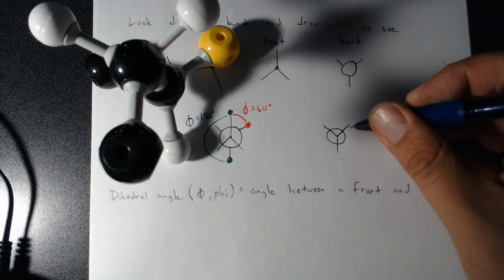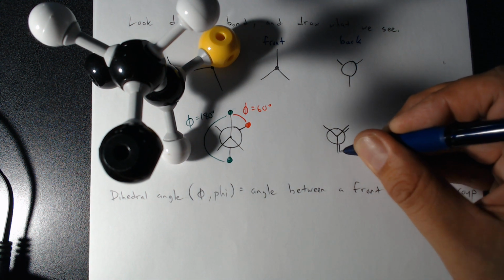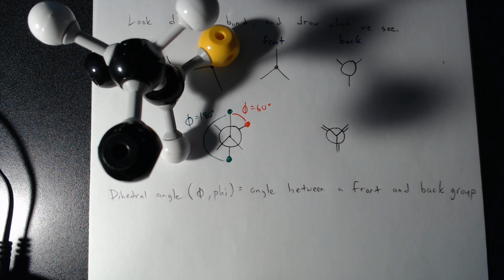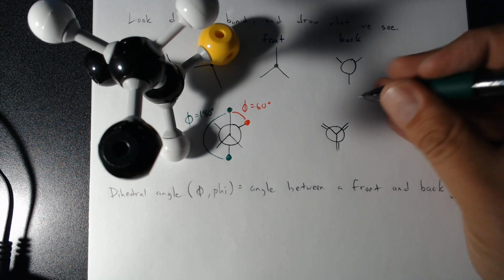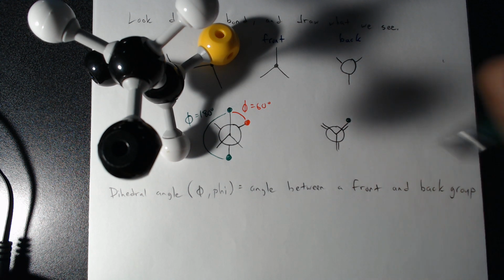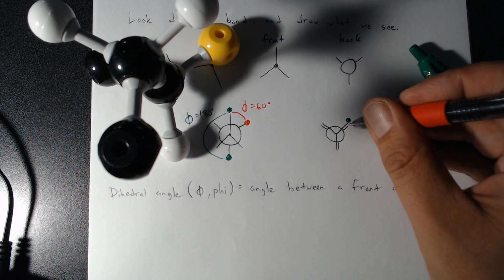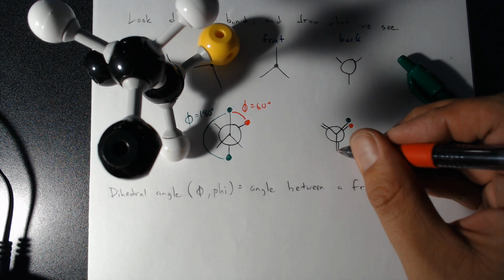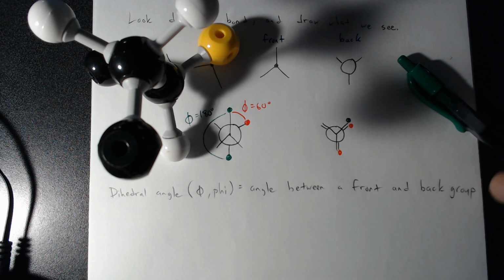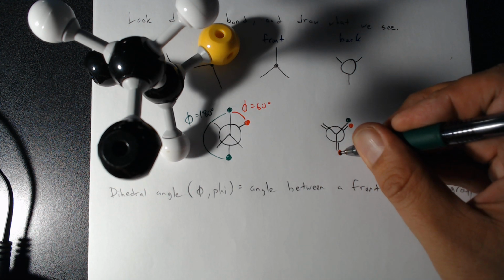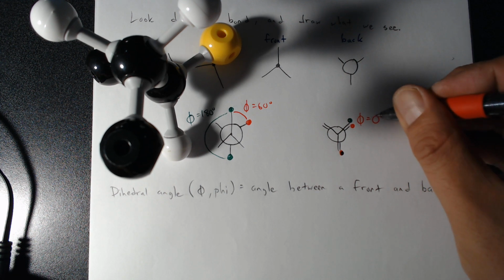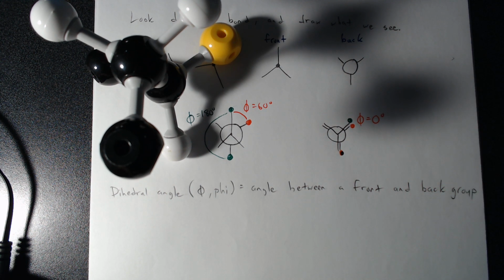And then the back groups are now overlapped. If we're keeping track of everything, the green one is now over there. It's now right here. The original red one is now behind it. And then this green one didn't move on the bottom there. Now this one has a bond angle, or dihedral angle, of 0 degrees. Okay.